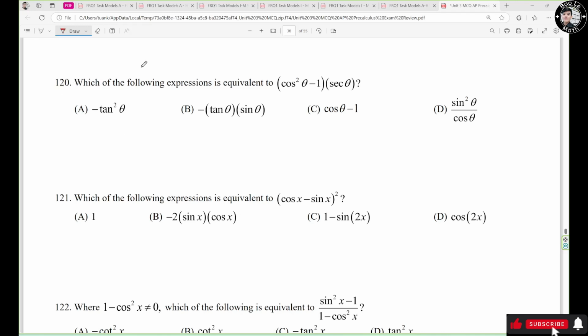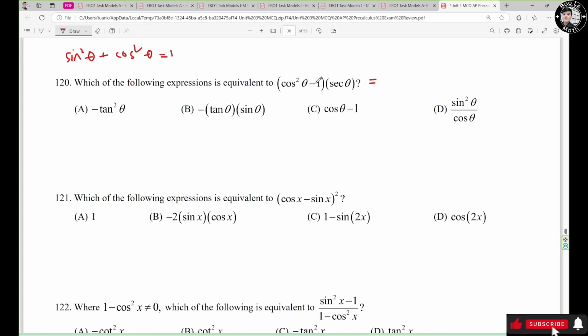Question 120. Which of the following expressions is equivalent to cosine square of theta minus 1 times secant theta? Alright, so we need to convert secant to cosine, and cosine square of theta minus 1, we need to convert it to sine. Remember that we have sine square theta plus cosine square theta equals 1.